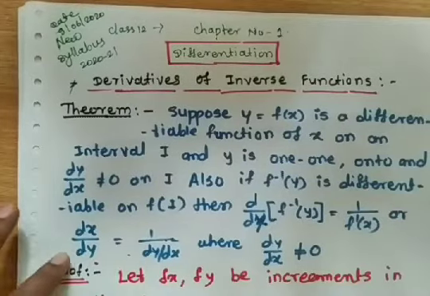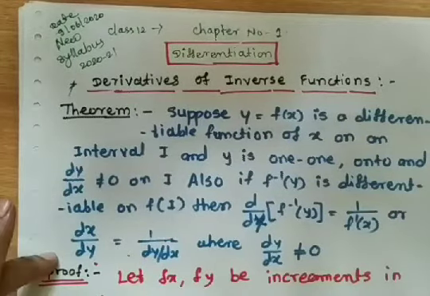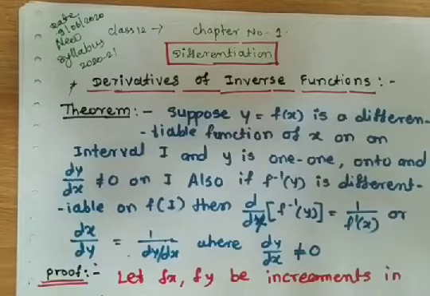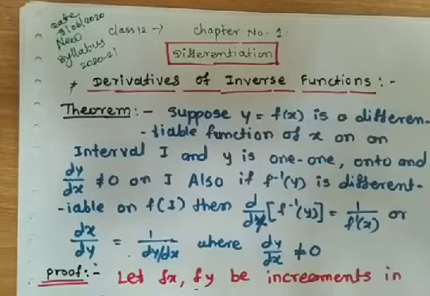First, we have to see how many variables are given to us, and we take the small increments in these variables, and the small increments are denoted by delta. Delta x and delta y be the increments in the variables x and y respectively.